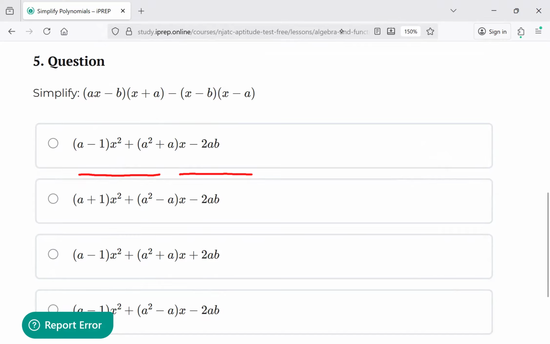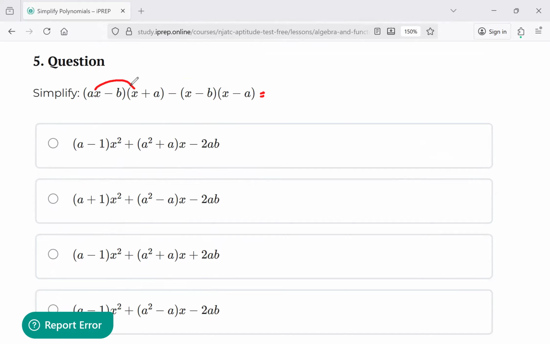We can't factor out a GCF because this is one term and then this is another, right? Let's just FOIL it out, collect like terms, and see what we get.